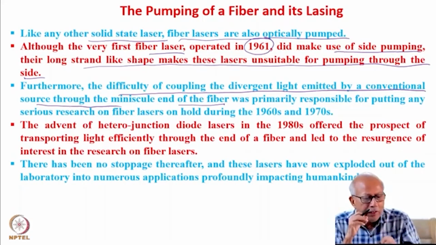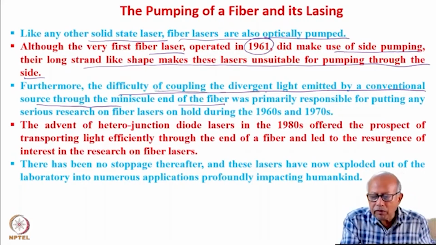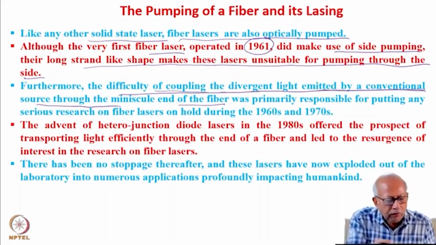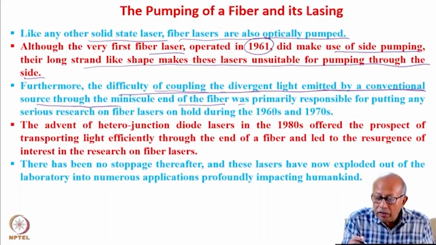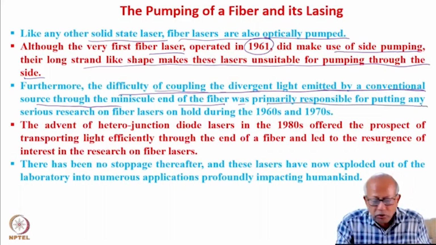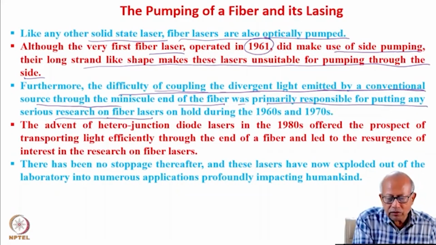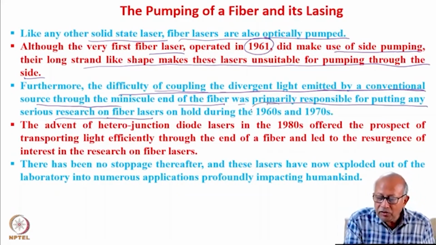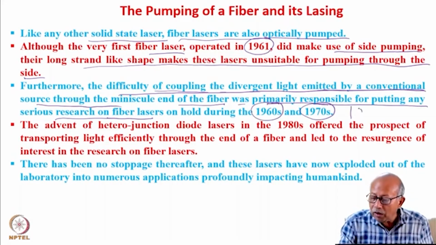It is so tiny that it is difficult to couple the divergent light emitted by a conventional source through the tiny end of the fiber. It was primarily responsible for putting any serious research on fiber lasers on hold during the 1960s, 1970s, and also a major part of the 1980s.